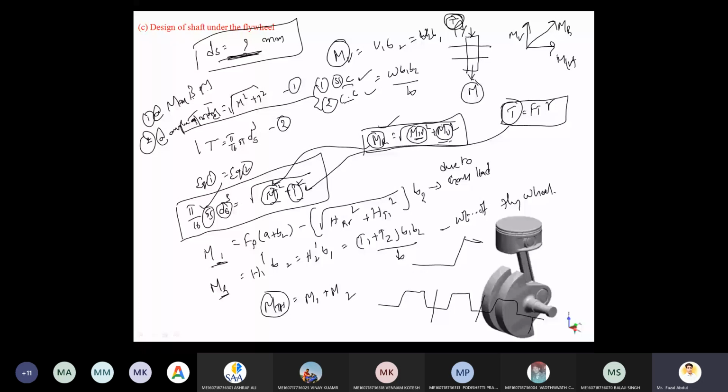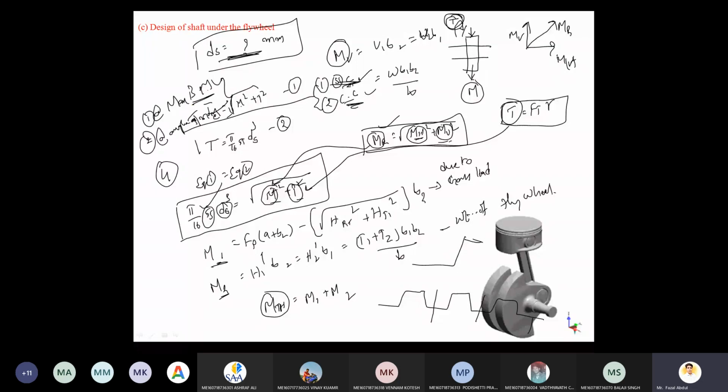It means this one has two design procedures, and this one has two design procedures. Total four design procedures you need to remember. If you remember the design procedure, easily you can solve the entire numerical problem. A question may ask for the side crankshaft with the bending moment criteria.